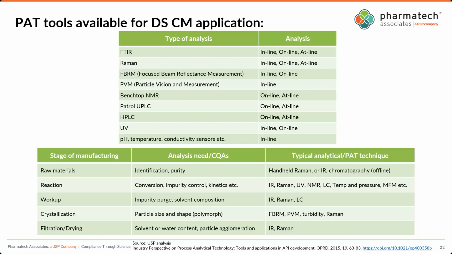Coming back to the PAT tools, they include many measurements and instruments such as MIR, near IR, Raman, flow NMR, etc. But it is important to remember that just as there is no single offline analytical tool that meets the process development needs of a product, there is no one PAT or in situ analytical tool that will work for all the applications.